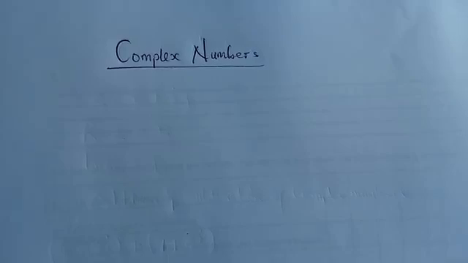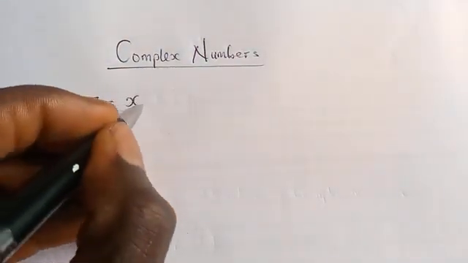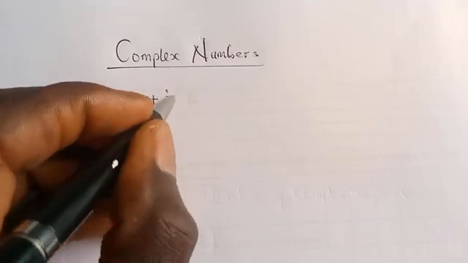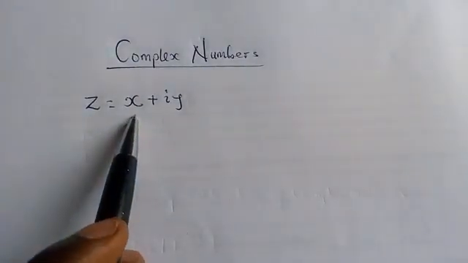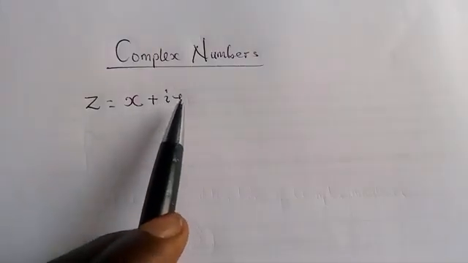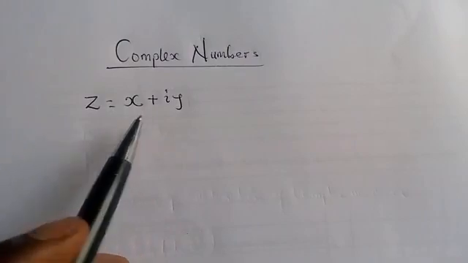Today we'll be looking at complex numbers. A number is said to be complex if it has this form: z equal to x plus iy. So if a number assumes this form, x plus iy, it's referred to as a complex number.